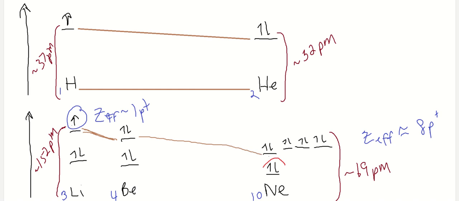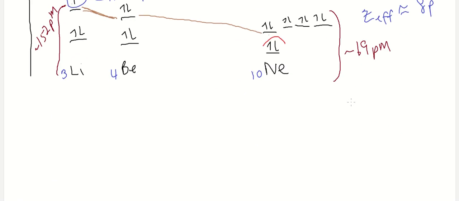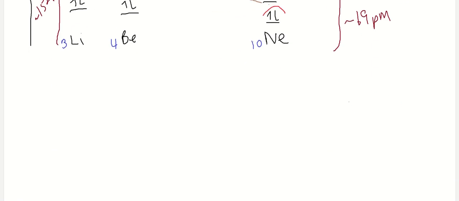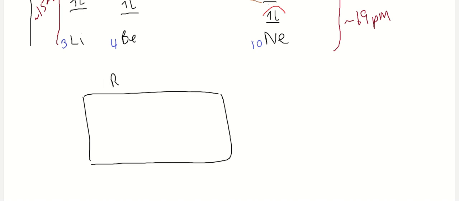Now let's talk about the general trend on the periodic table for atomic radius. As you go down the periodic table, atoms generally get larger, and that's because of the greater shielding effect, because you're adding more layers of electrons, and electrons repel each other.